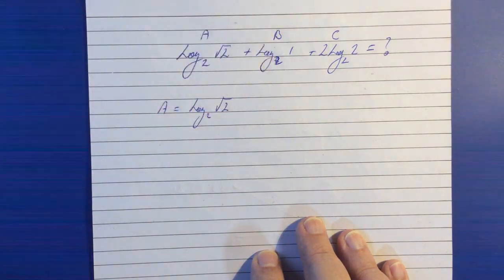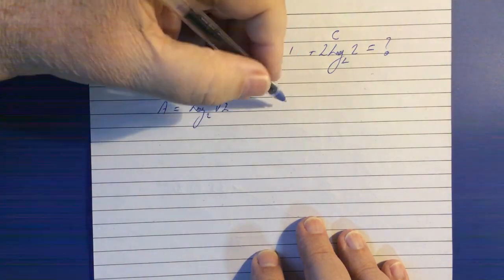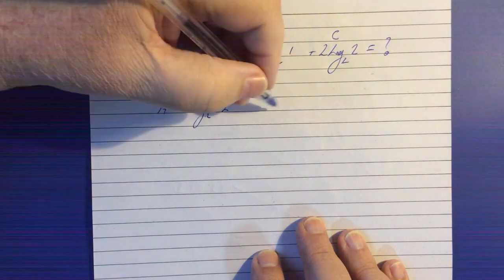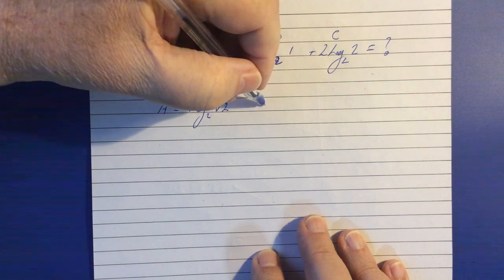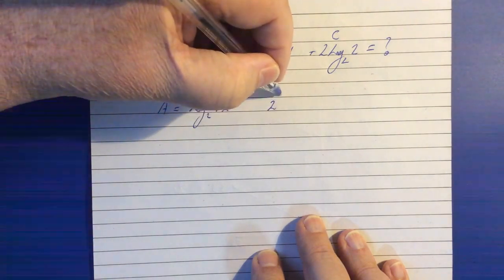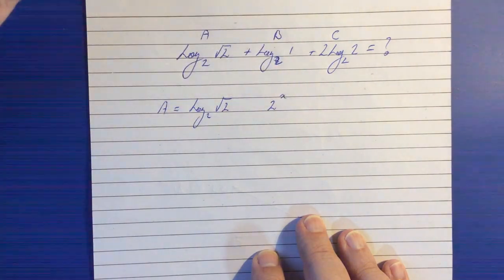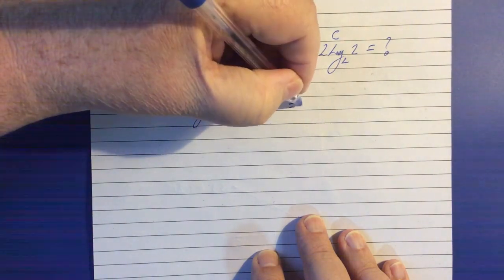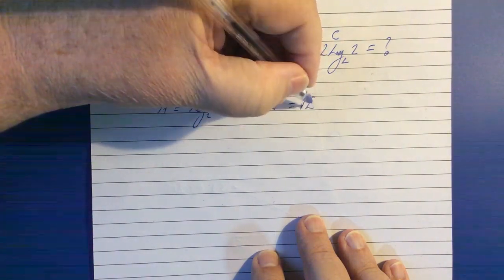If we think of this in exponential terms, maybe that's a little easier. 2 to the power of x, we'll call it, is equal to the square root of 2.